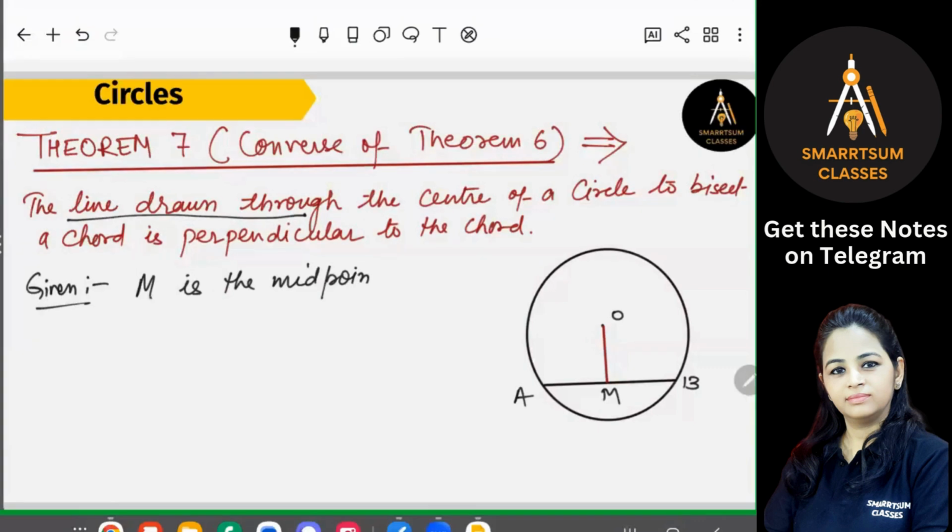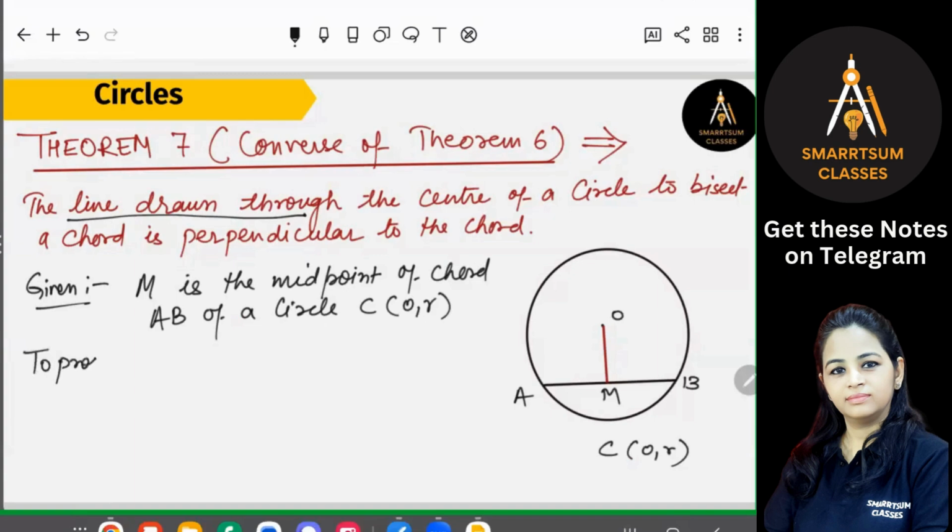So M is the midpoint of chord AB of a circle C(O, R), meaning O is the center and R is the radius. Now, what do we have to prove? To prove that OM is making an angle of 90 degrees. It is perpendicular, that means OM is perpendicular to AB. This we have to prove.